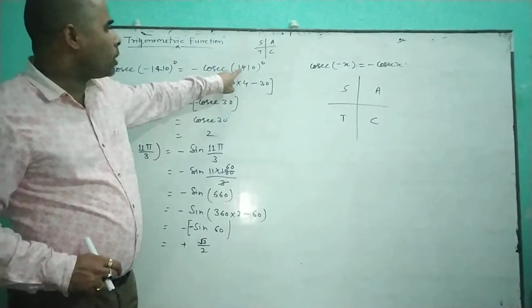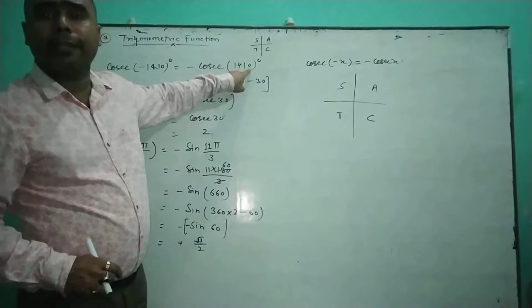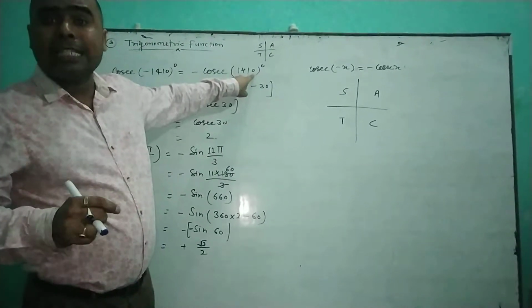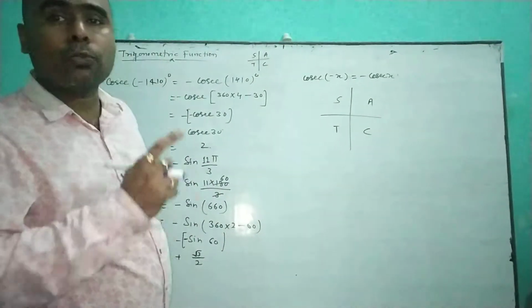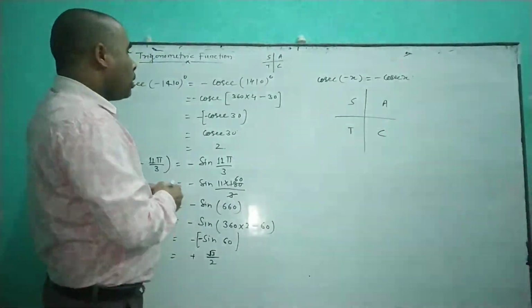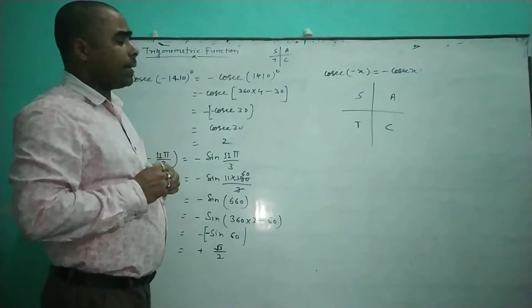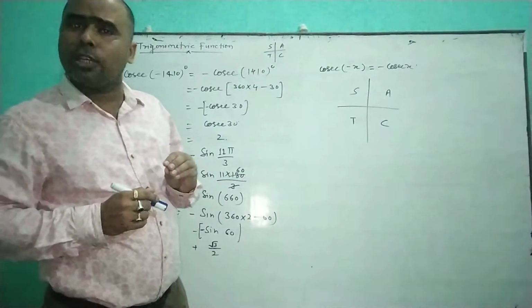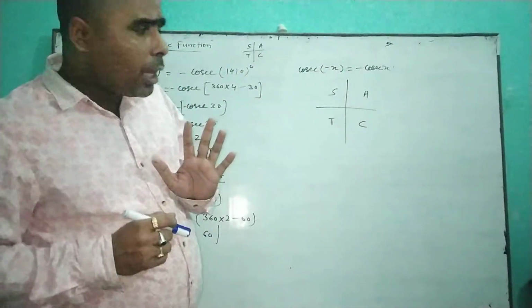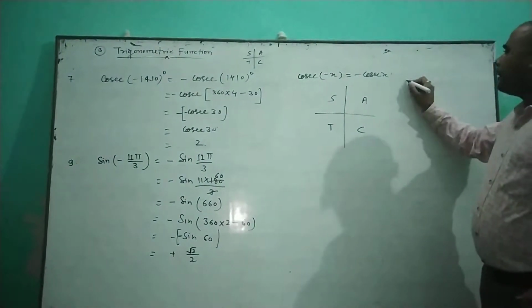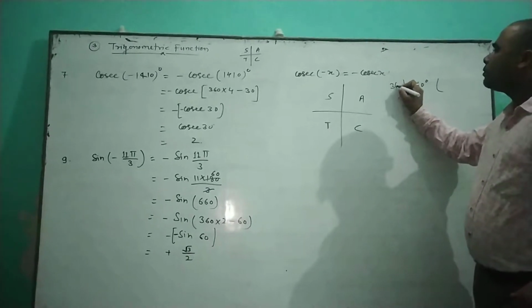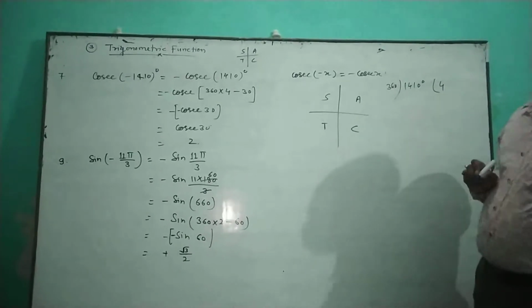Now, in which quadrant does 1410 degree lie? First of all, we have to find in which quadrant this angle lies. Now 1410, we have to divide it by 360 or 180. Suppose 1410 degree divided by 360, it goes 4 times.